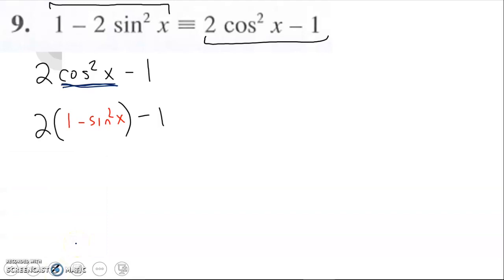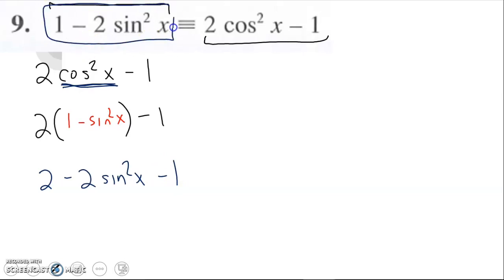All right, so when I distribute, I should end up with 2 minus 2 sine squared x minus 1. Again, keep in mind what you have on this side. This is what I want to prove. 2 minus 1, you end up getting 1. So I end up with 1 minus 2 sine squared x.